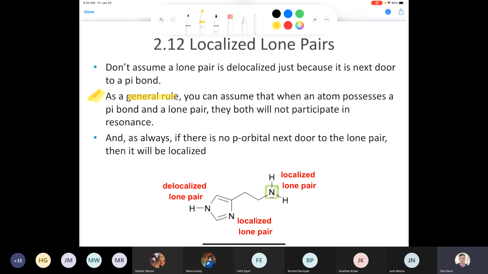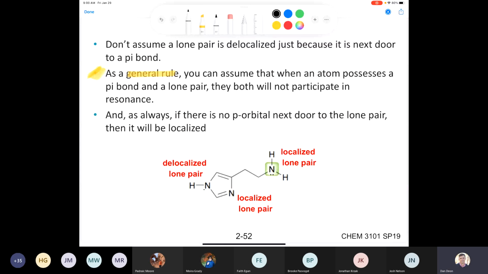So if we look at this molecule down here, you can see we have a lone pair here on this nitrogen, a lone pair here. Well, this lone pair is localized because it's not adjacent to anything that it could form a resonance contributor with. Whereas this lone pair is actually delocalized, right? This nitrogen has no pi bond directly attached to it, but it is allylic, right?